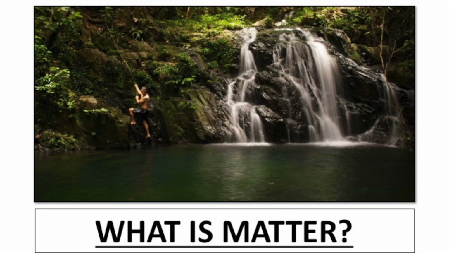Everything in this picture consists of matter. Remember when we said the three different states of matter? Water, liquid, rocks, and people, solid. And then what can't we see that's there? What type of matter can't we see?